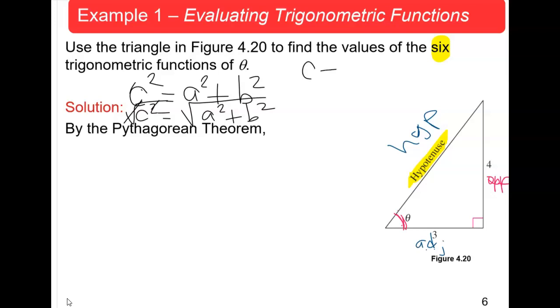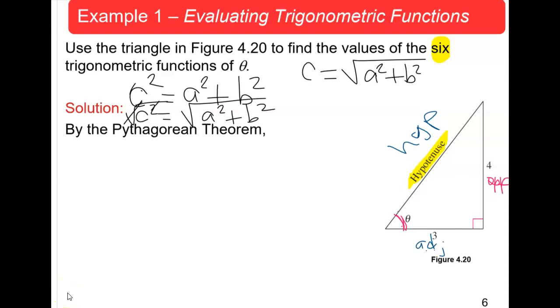So by the Pythagorean theorem, we'll have C is equal to the square root of A squared plus B squared. For this triangle, we could assign the variable A to the adjacent side and the variable B to the opposite side. And the hypotenuse always has to be C, and that is the one that we are looking for.